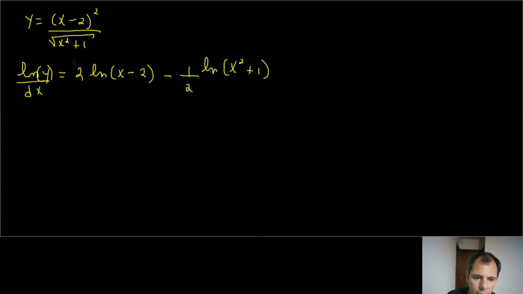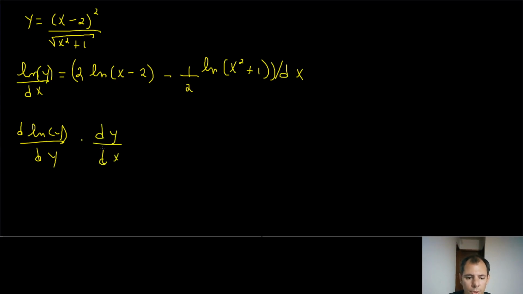And I'm going to differentiate everything with respect to x in here. Okay? But you don't have an x in here. You have a y. But y is a function of x. So remember that you're going to do the derivative of ln of y with respect to y times dy dx, right? This is what you're going to do.